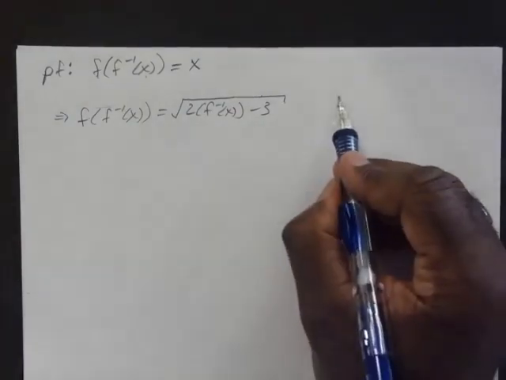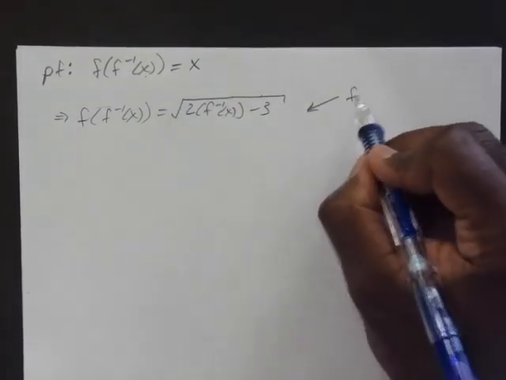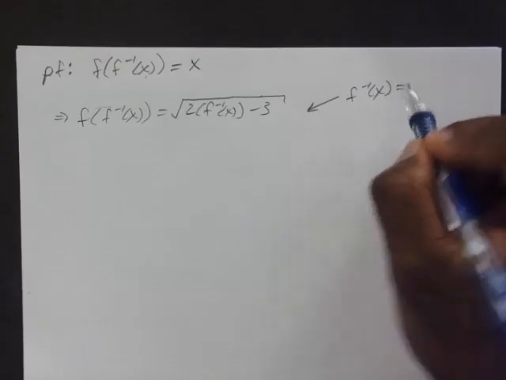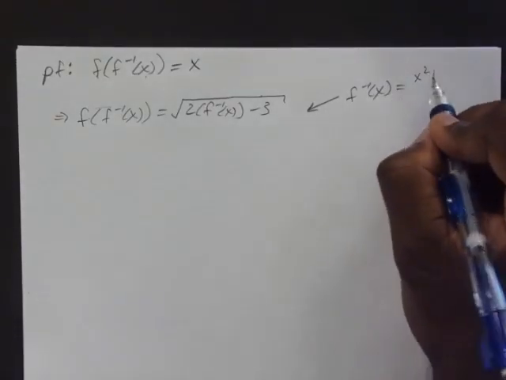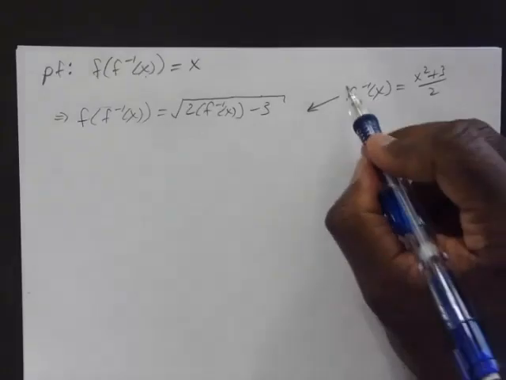Okay, well, the f inverse of x, we know that's x squared plus 3 divided by 2.